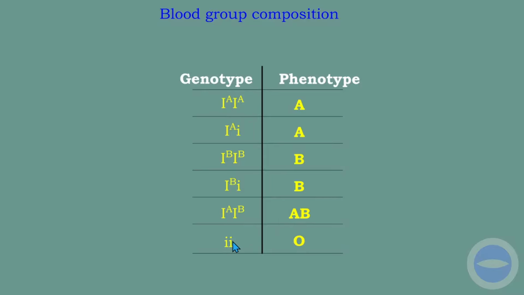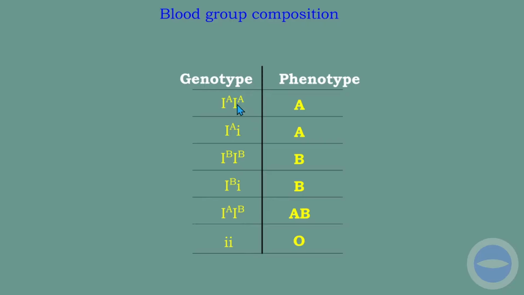If you've got a genotype with i and i, we end up with blood type O. Blood type O is only expressed if you've got 2 recessive alleles. If you've got a dominant allele, blood type O is not expressed. So people with blood type O only have recessive alleles.